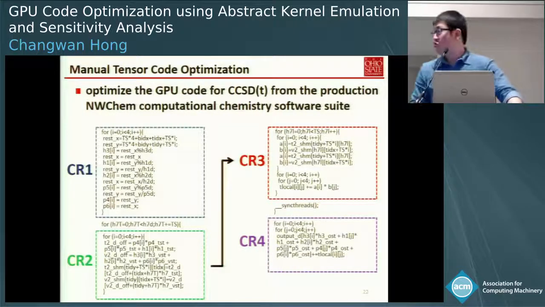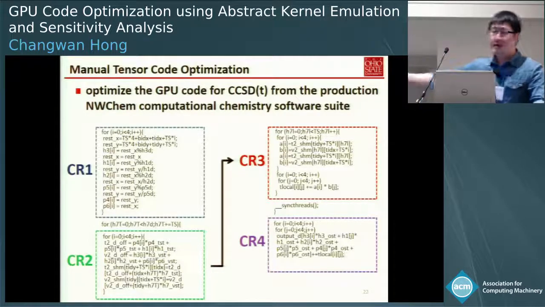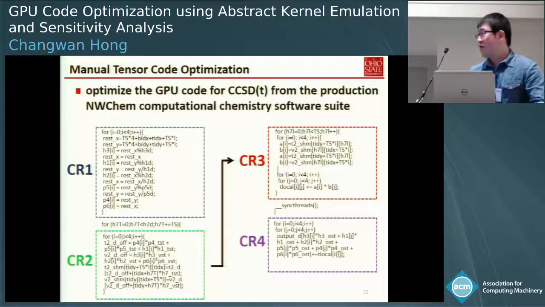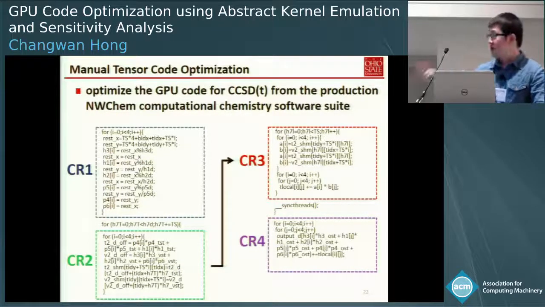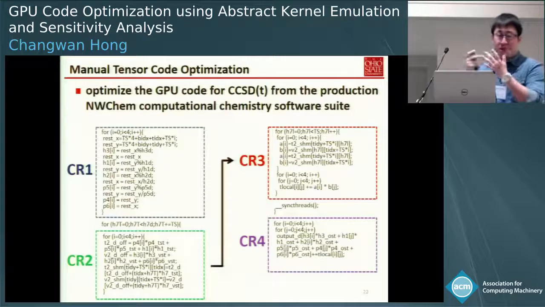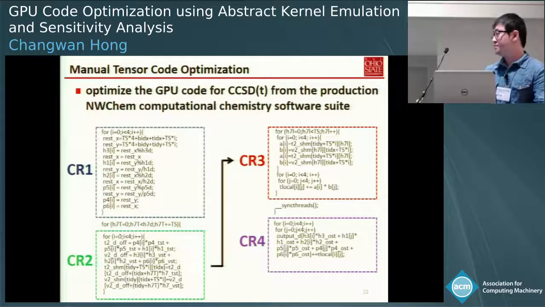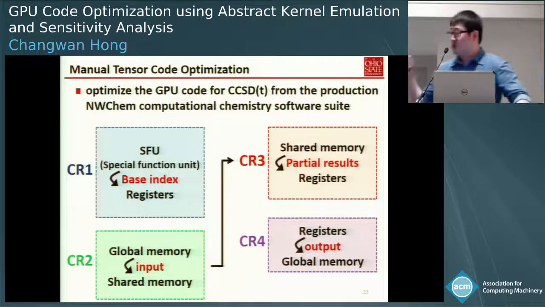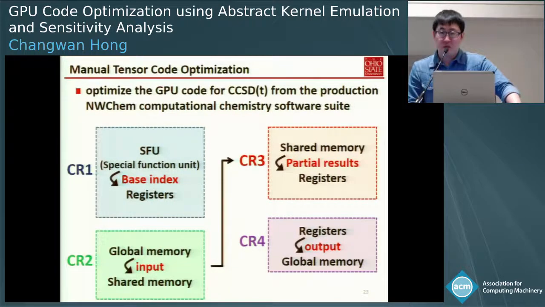Now, I'm going to explain how Sake can be used in manual code optimization. This is a tensor contraction code generated by the tensor code generator from the production NWChem computational chemistry software suite, and we split the entire code into 4 code regions. In code region 1, the base index is computed by the special function unit.